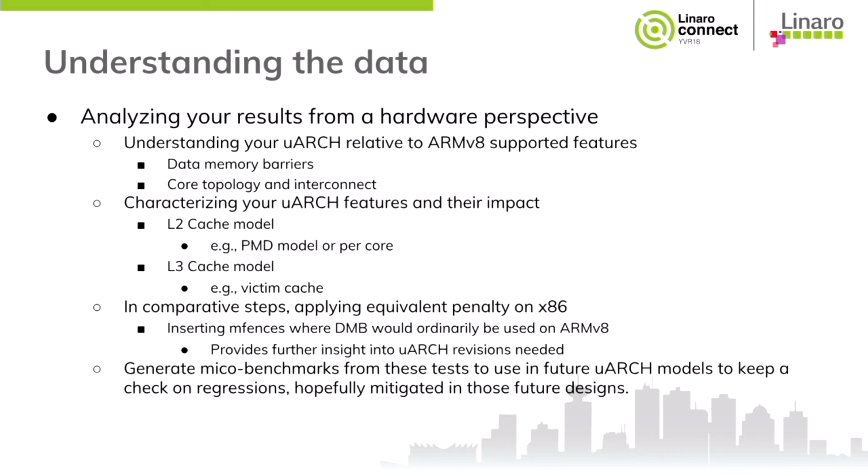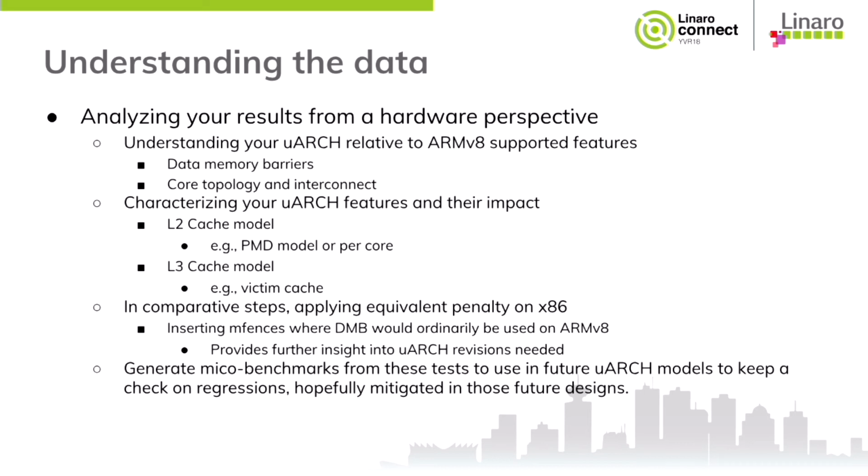So you can get a lot of insight into how well you're doing based on a lot of the hardware counters you're working with. And in comparative steps, for example, if you don't have LSE atomics, you could go take a look at an x86 and insert MFENCEs everywhere that a DMB might get inserted on an ARM system.